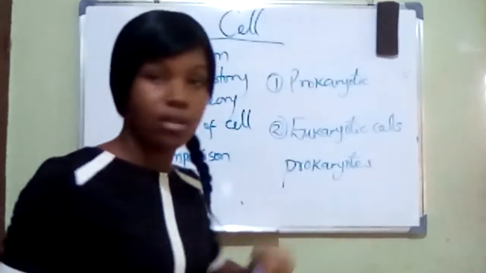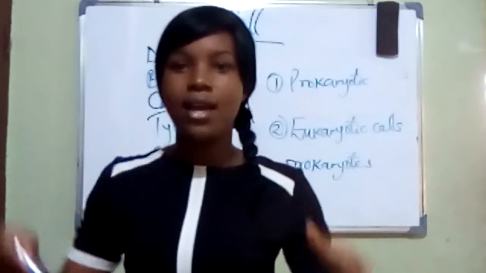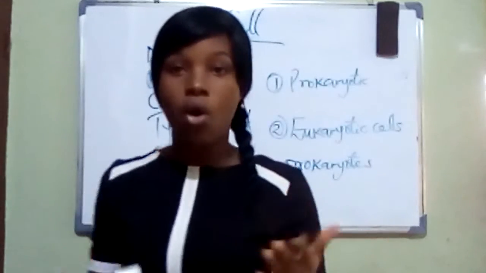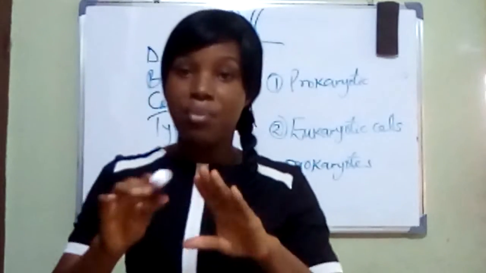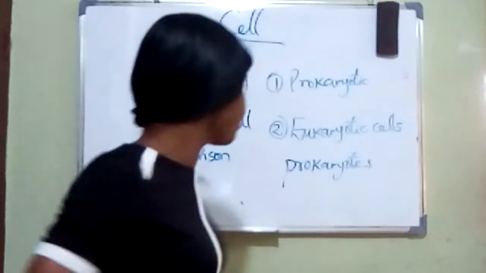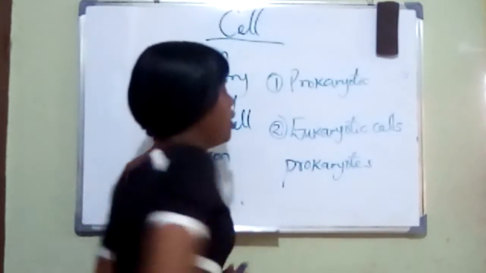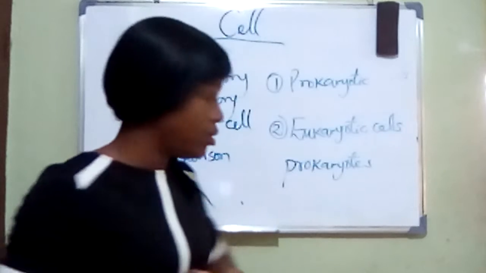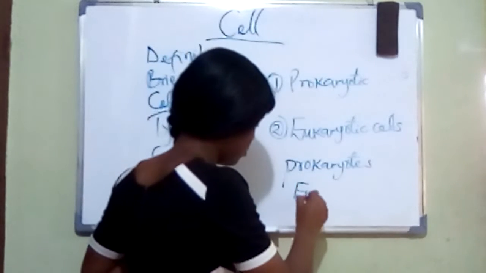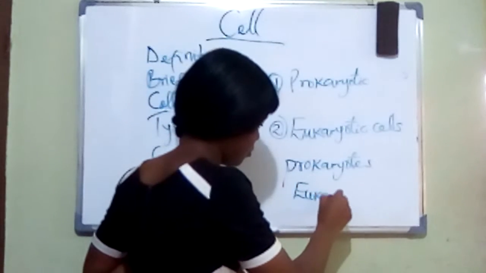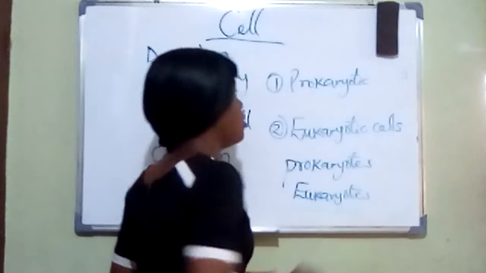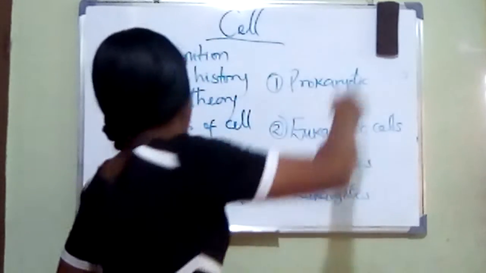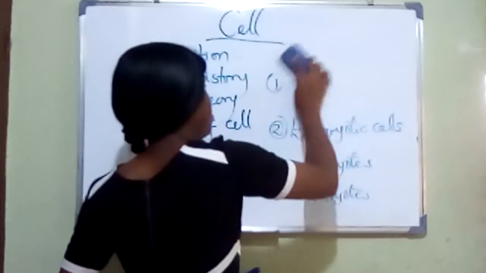And such cells, besides the nucleus, have other units, or what we call organelles, that are membrane bound also. And organisms with such cells are called eukaryotes. Okay, that's it for the types of cells.